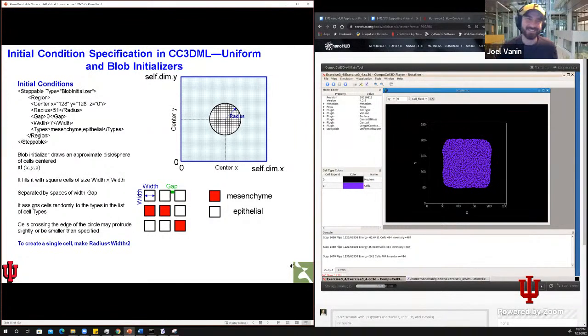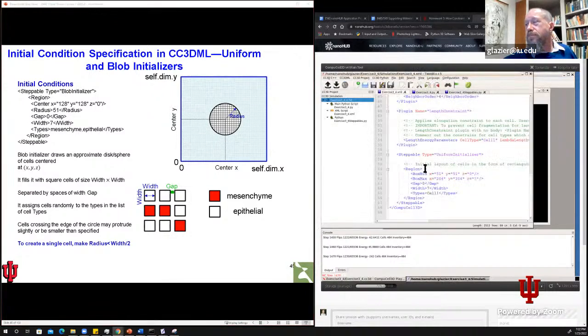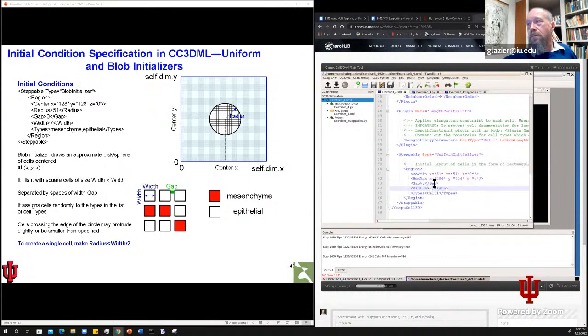Okay. So I want to talk a little bit about something that we've used already, which is blob initializer and uniform initializer. If we look at the code for those, the code is here. Blob initializer draws a rough circle, and uniform initializer draws a square or rectangle. For uniform initializer, we have box min and box max that define the corners of our domain.